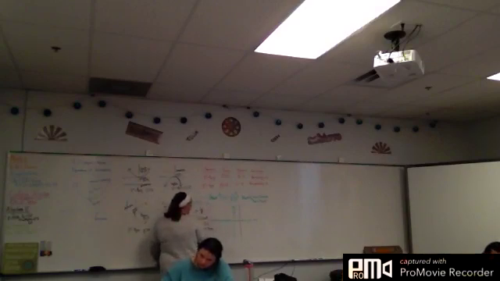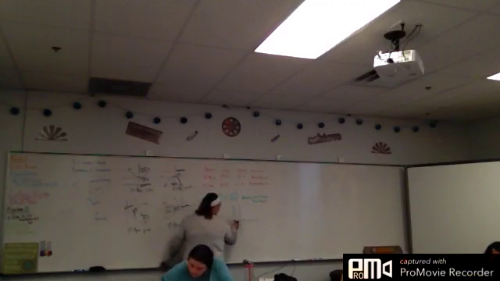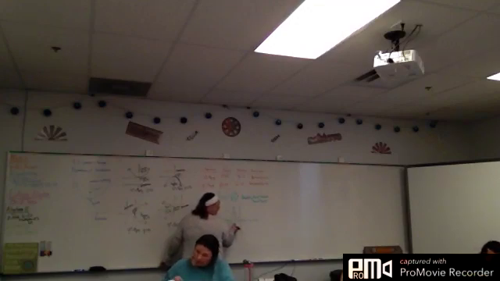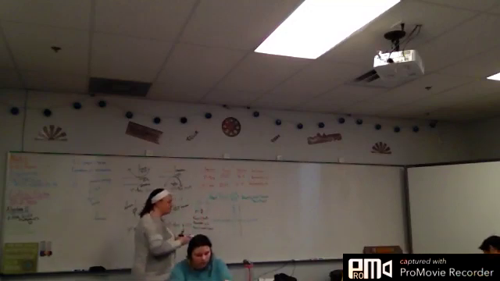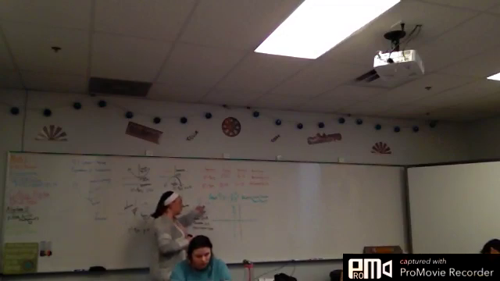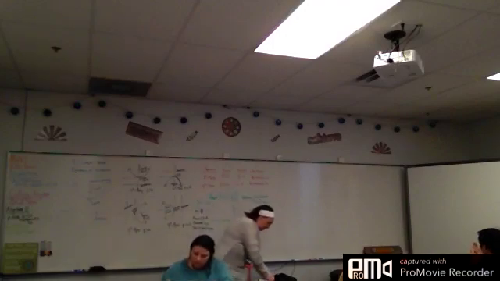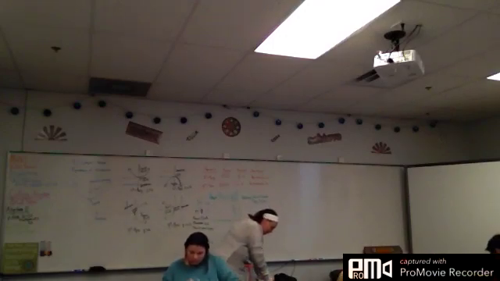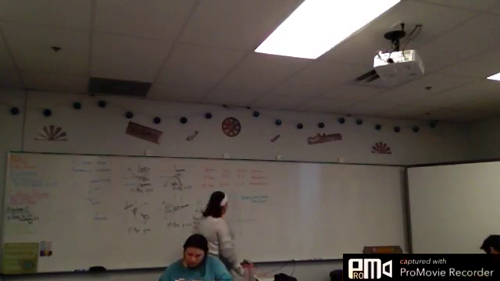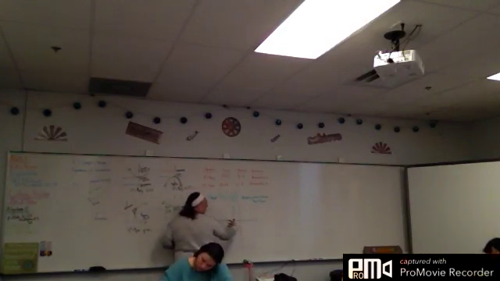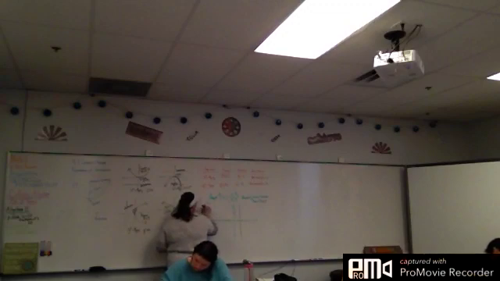Okay, now I'm gonna plug in a point. Since my vertex is 0, 0 and I know it has to face this way, I want negative numbers for x. Here's where it gets tricky. This is y squared equals, so I plug in x to get y. I'm going to plug a negative 1 in here.